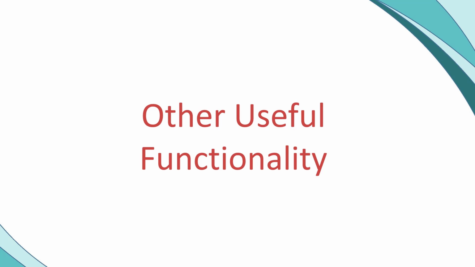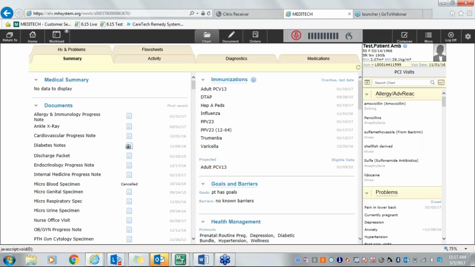So is there other functionality within Meditech that would be useful for managing all your patients, but specifically those with hypertension and diabetes? Yeah, we have a feature that we just started using recently. It's called My Widget, and it allows a provider to set these up on their own.